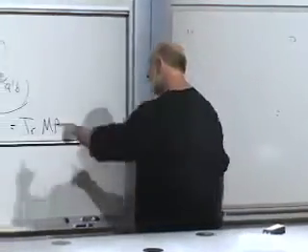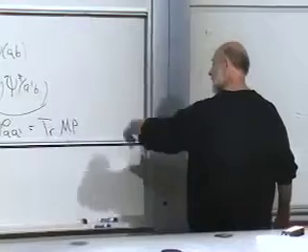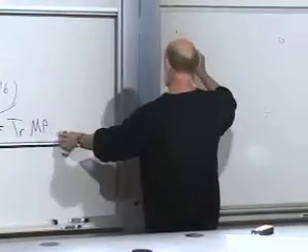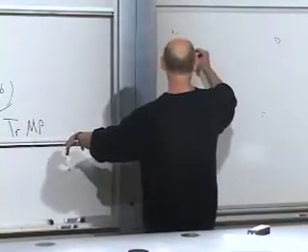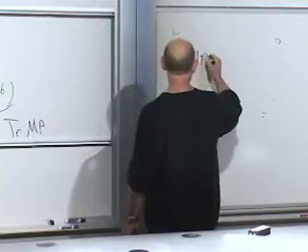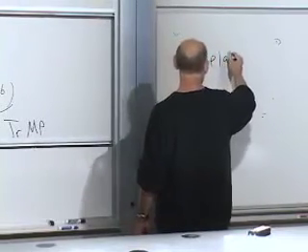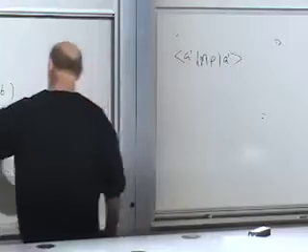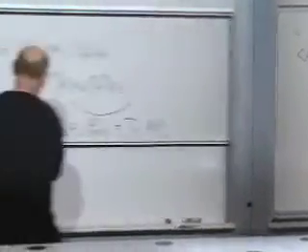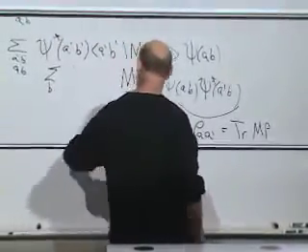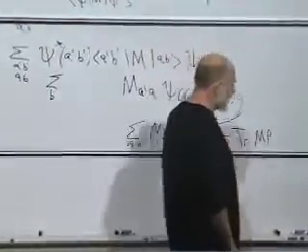Okay, so let's just calculate the trace of M. We can write it as A prime M rho A prime, summed over A prime. All of this is summed over A and A prime.